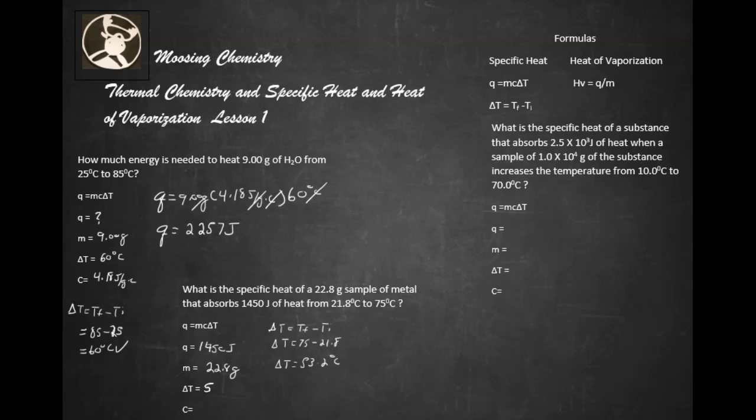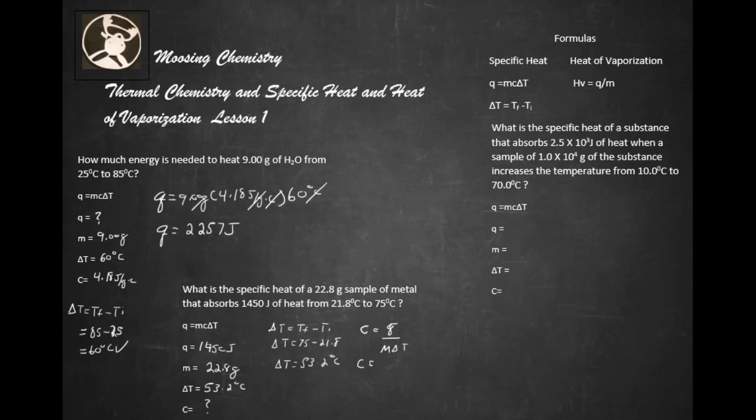So we're going to put our 53.2 degrees C here, and we're looking for our specific heat, which is C. Now that means we're going to modify this formula. So this is going to be C equals Q over m delta T.